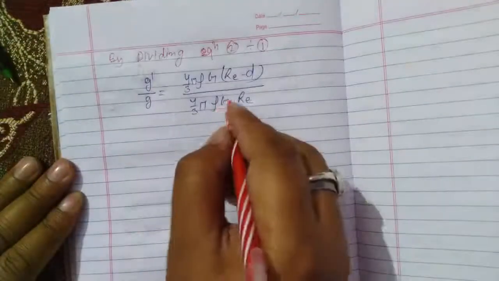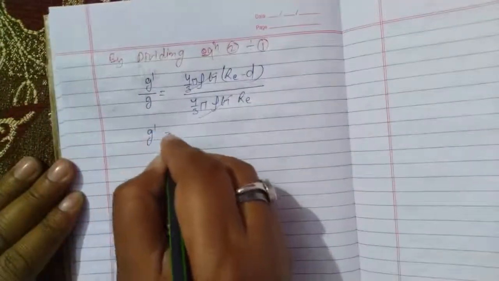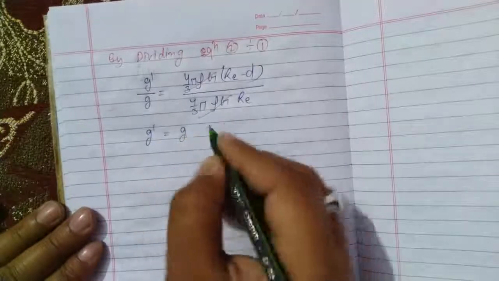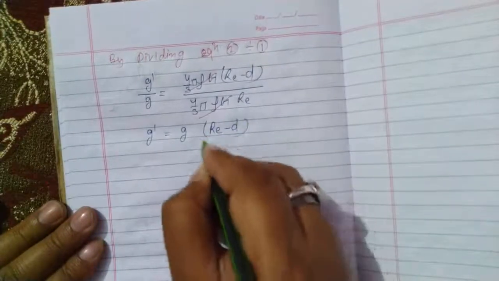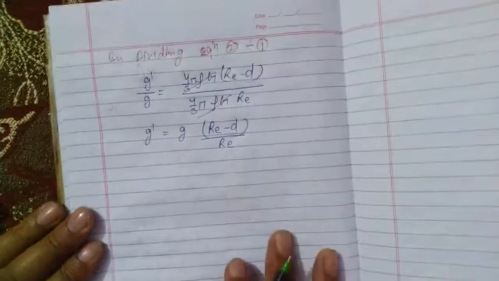Now here students, this ρ cancels and we get g' = g(Re - d)/Re.